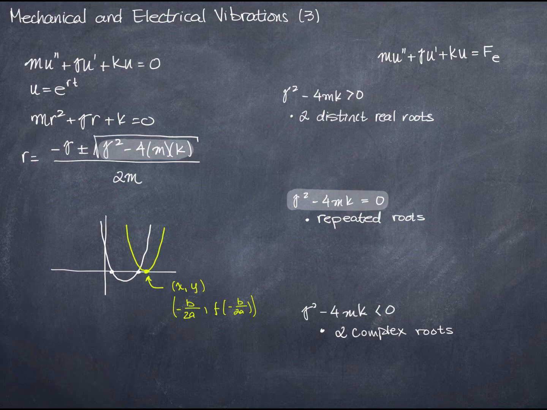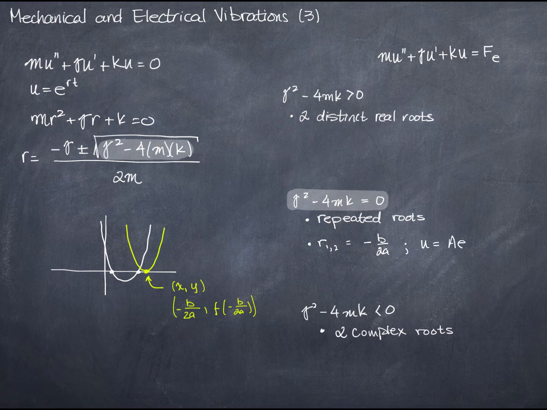So r1 and r2 are going to be negative b over 2a, which means my solution looks like this.